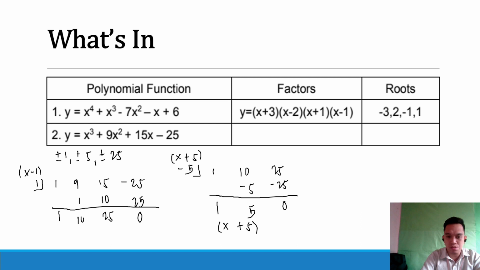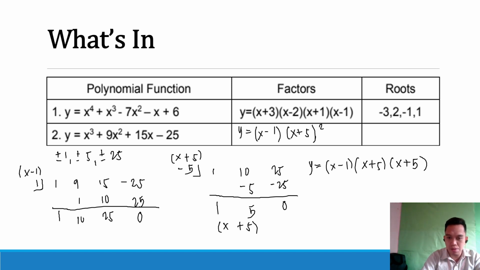So the factors are y equals x minus 1 times quantity of x plus 5 raised to 2, because we have two factors of x plus 5. We have here quantity of x minus 1, then quantity of x plus 5, and another x plus 5. Since there are two, it's raised to 2.